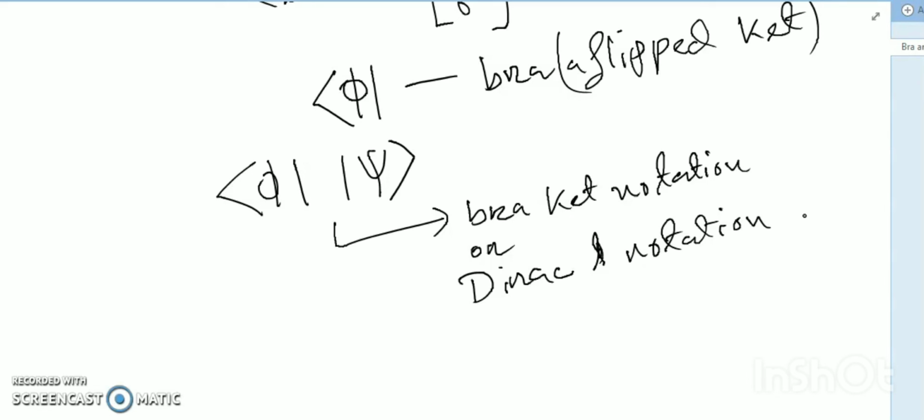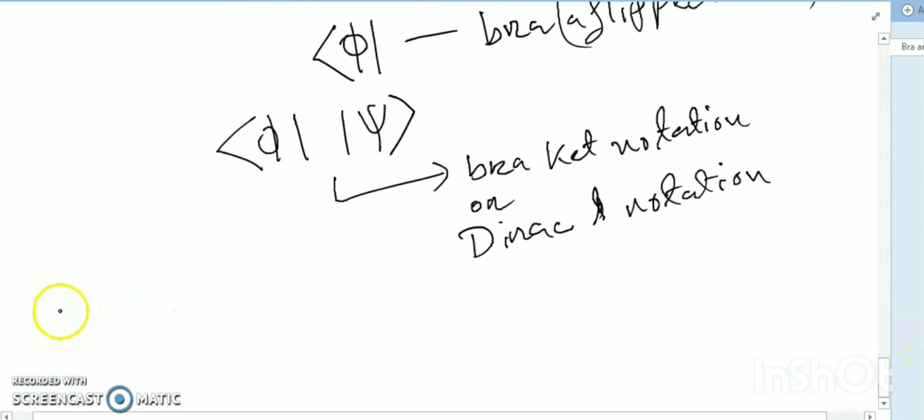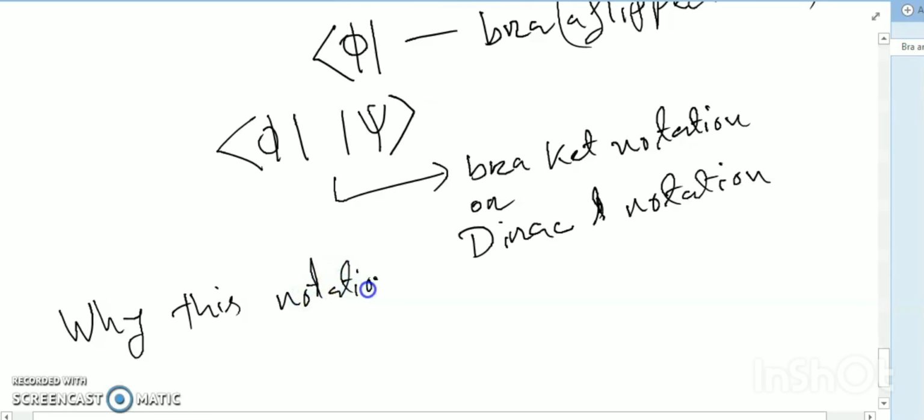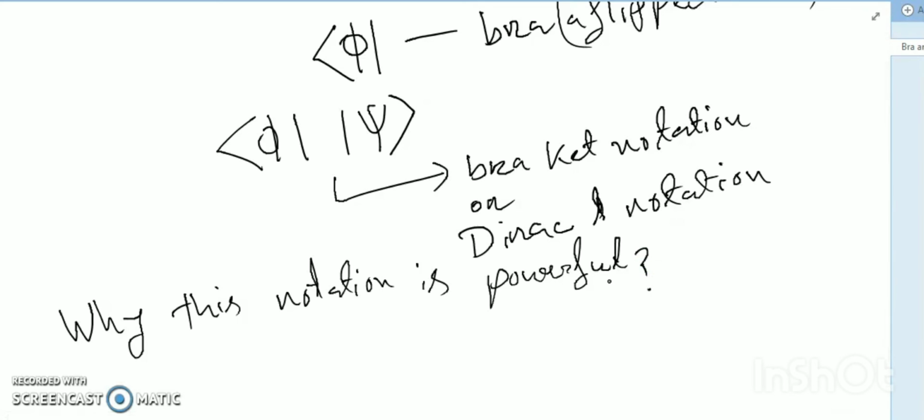Why is this notation powerful? It has the Riesz representation theorem baked right into it.